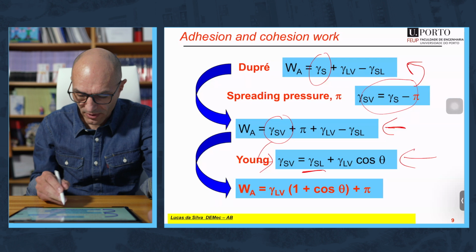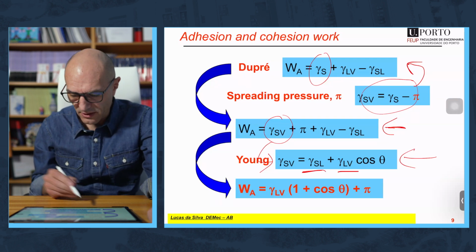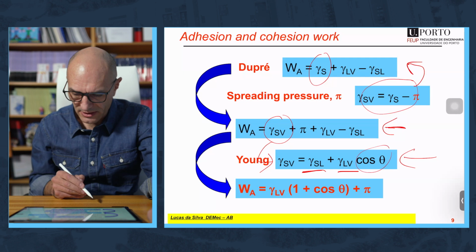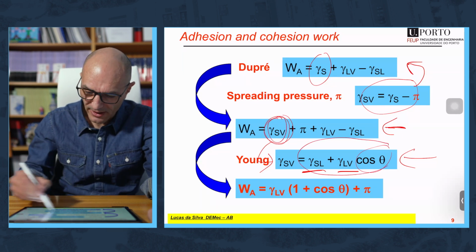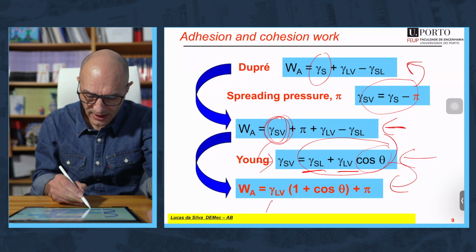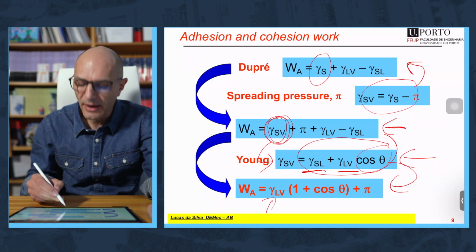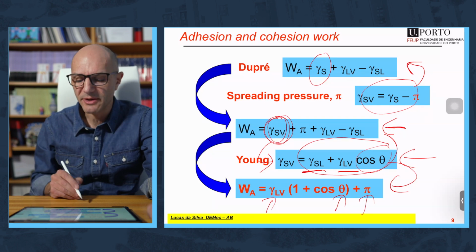We have seen it's equal to the surface energy of the solid liquid interface plus the surface energy of the liquid times cosine theta. So if you substitute this by this, you are left with this equation where you only have the surface energy of the liquid, the contact angle and the spreading pressure.